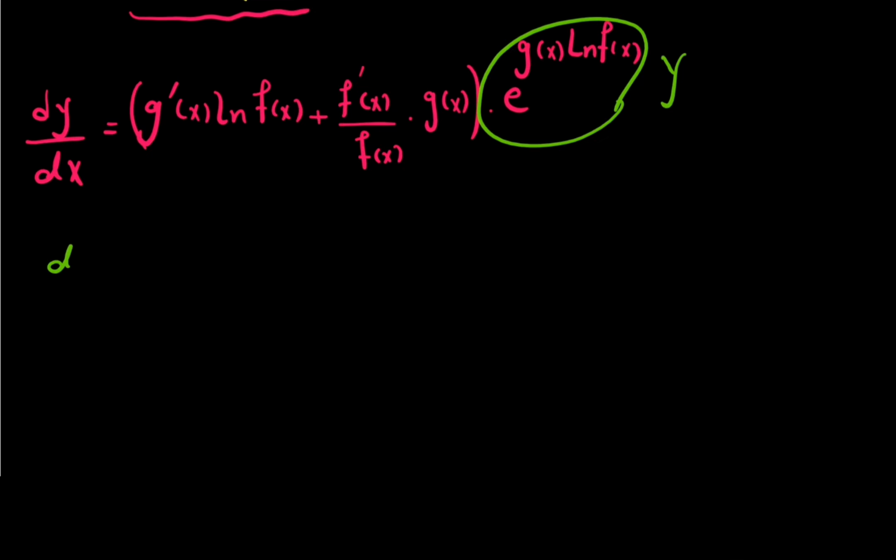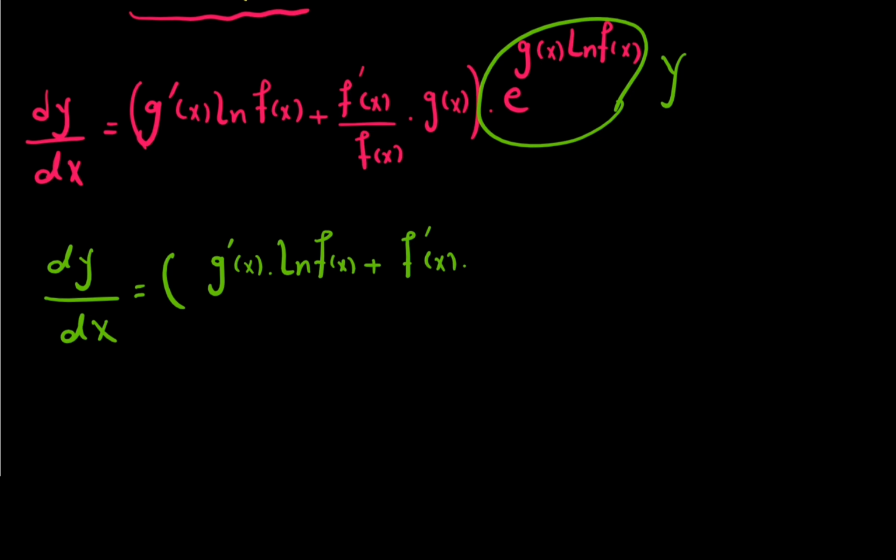The final answer will be equal to g prime x times ln f(x) plus f prime x times g(x) divided by f(x), times y.